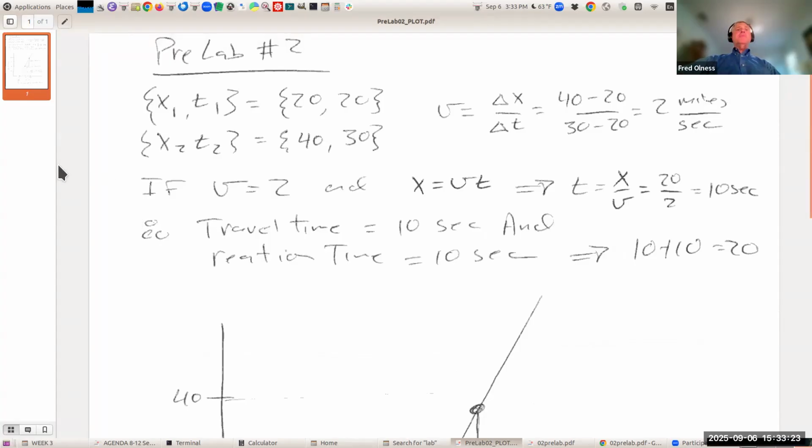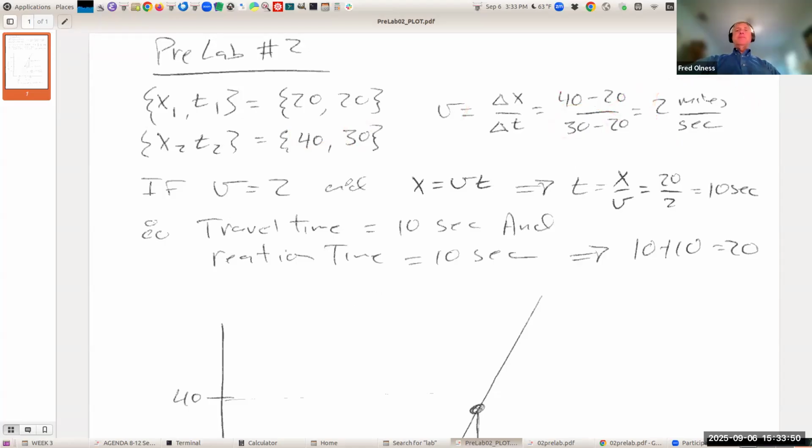Okay, so what we found in that pre-lab was, the initial point, the XT point, was 20 miles in 20 seconds, where we got the incorrect answer. And then it was 40 miles in 30 seconds. And then we decided that the true velocity was the extra distance over the extra time, and that gave me 2 miles per second.